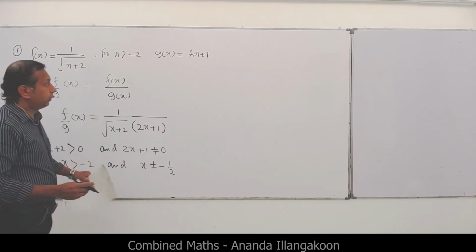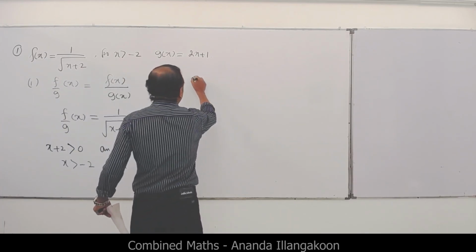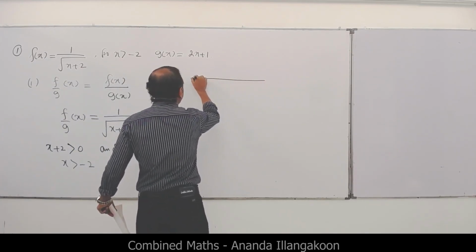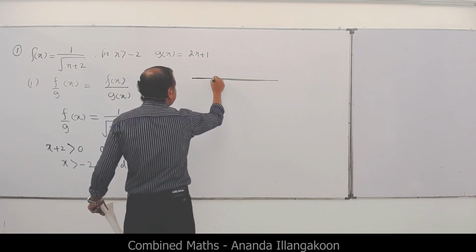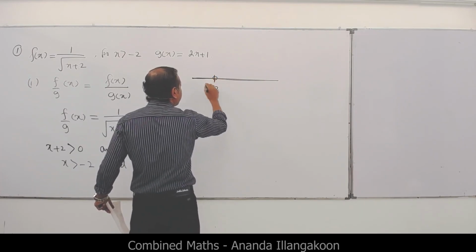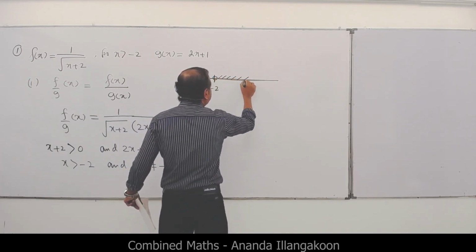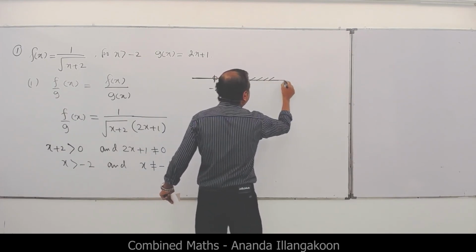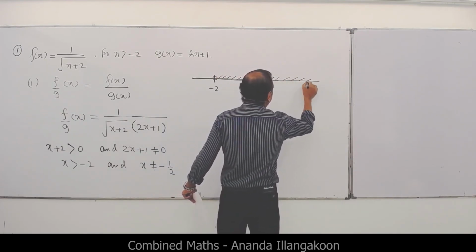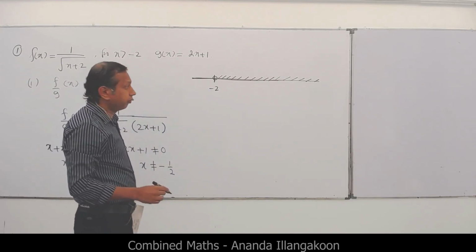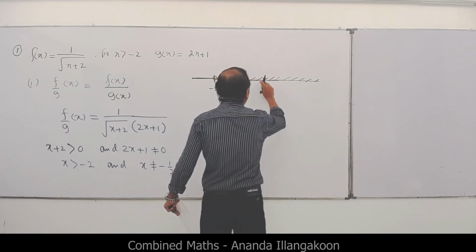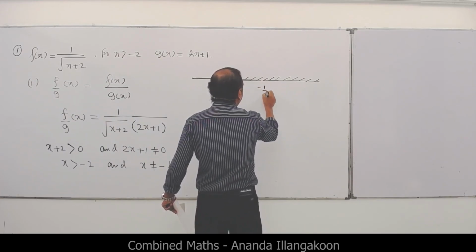So the common region you can mark this way: x greater than minus 2, here minus 2, circle this up to infinity. But here x should not be equal to minus half. Then here minus half, it doesn't take.